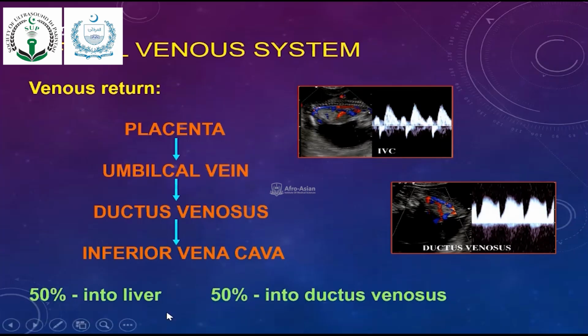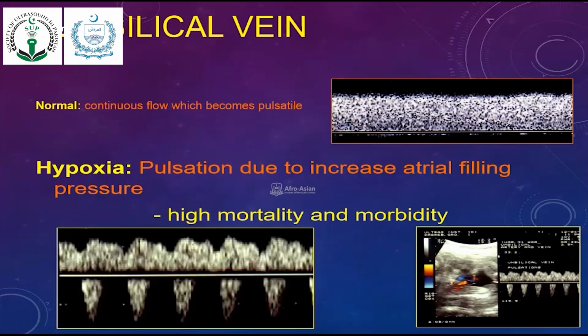50% goes into the liver, 50% into the ductus venosus. This is the IVC, with a normal pattern and normal signatures, and normal signatures of the ductus venosus. In the umbilical vein, normal is continuous flow.